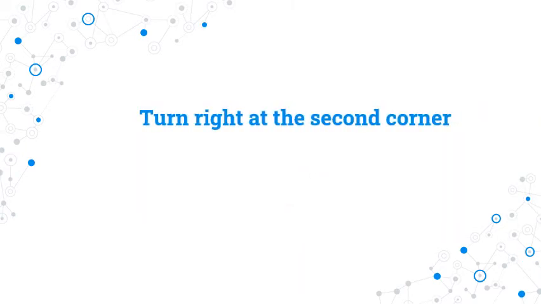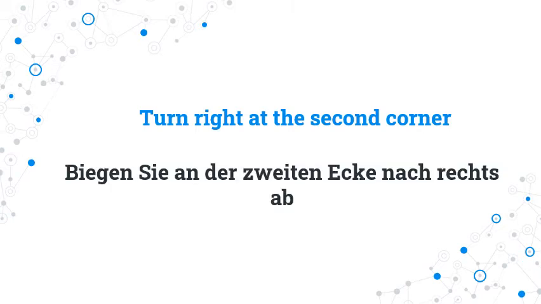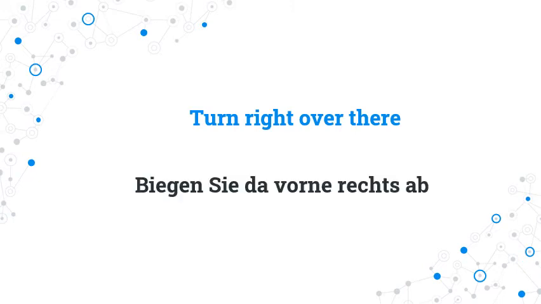How do you say, turn right at the second corner, in German? Biegen Sie an der zweiten Ecke nach rechts ab. How do you say, turn right over there, in German? Biegen Sie da vorne rechts ab.